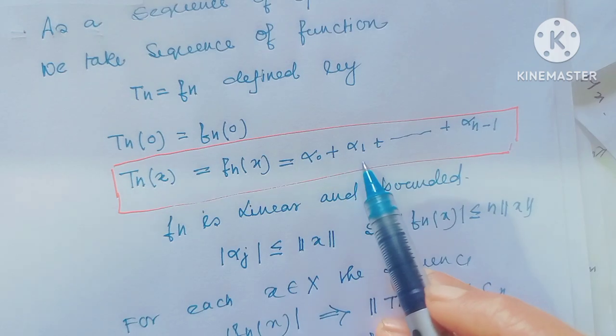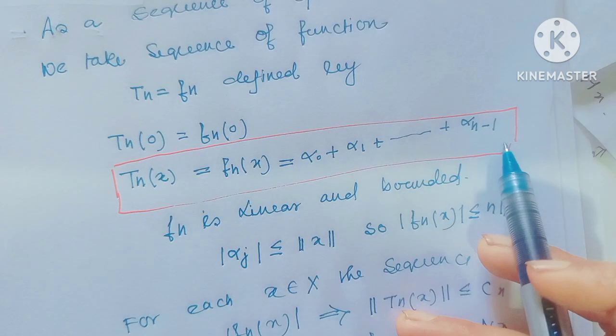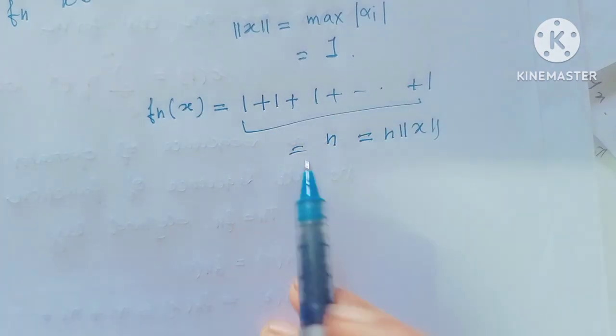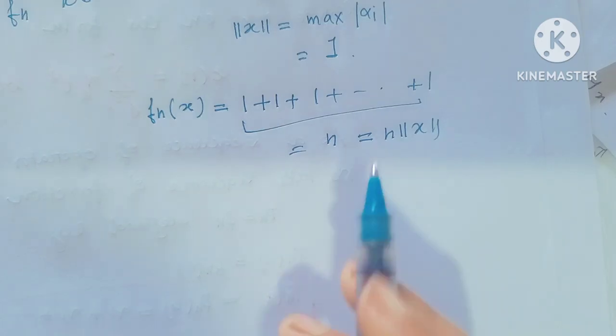Fn x is defined as alpha 0 plus alpha 1 up to alpha n minus 1. So Fn x is 1 plus up to 1, which is n times norm of x.